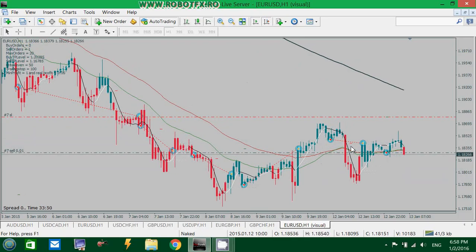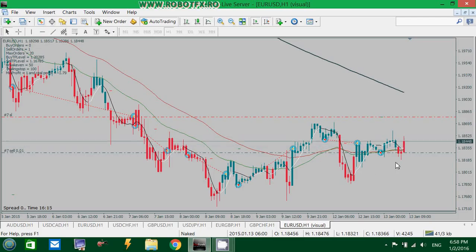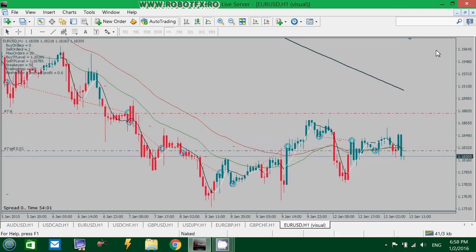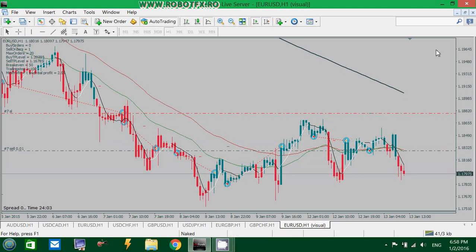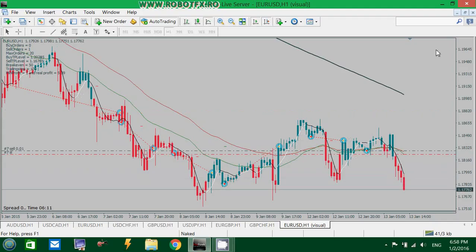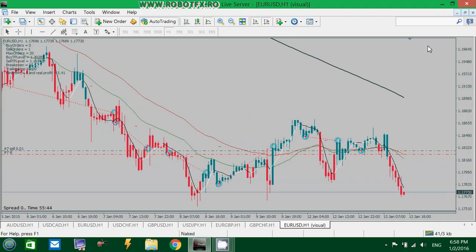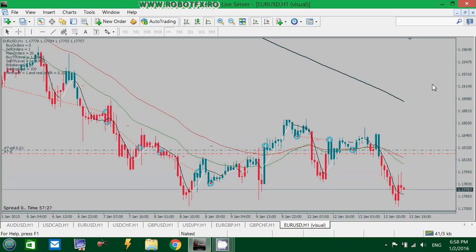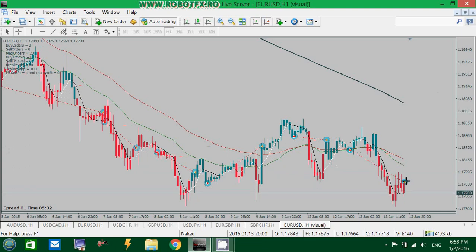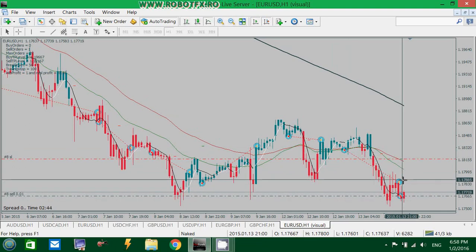That one closed at break even, then another one. The break even is active now. This is a winning trade so far, and the non-lag will change the color and the Expert Advisor will close it again.